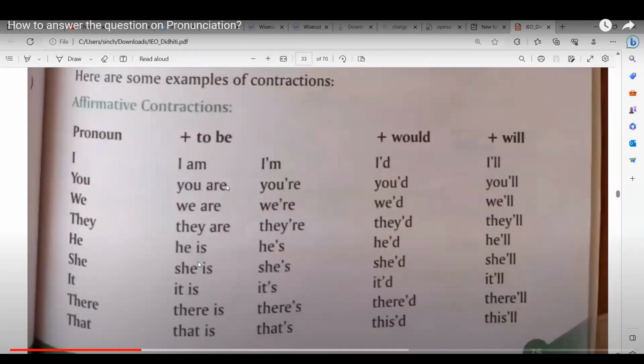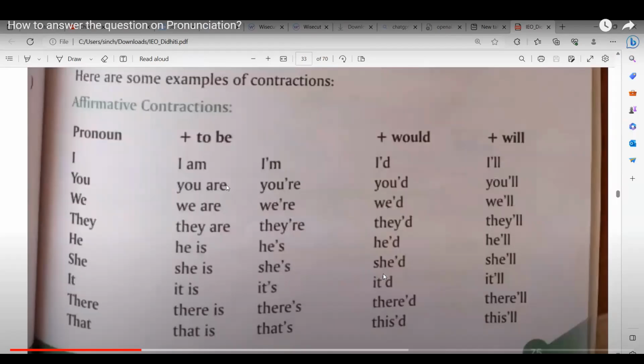Debangshu and Shruti, have you understood this one? Yes, ma'am. Okay. Now you tell me, Shruti, this one. She plus to be equals she is. Then apostrophe S equals she is.